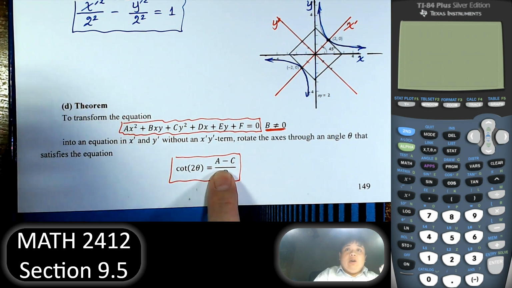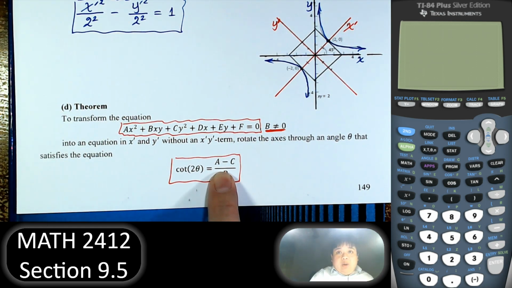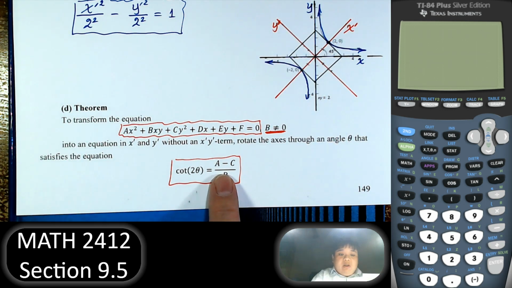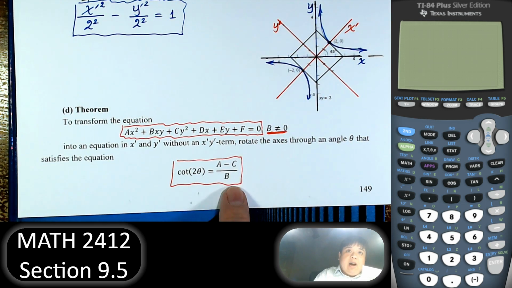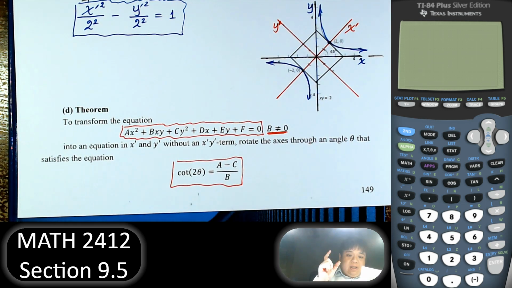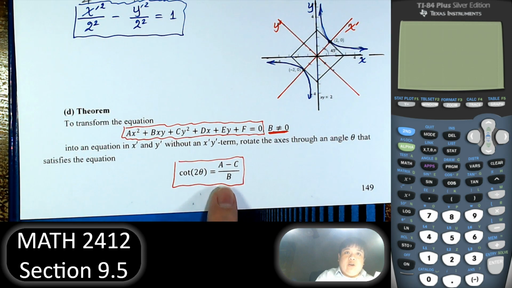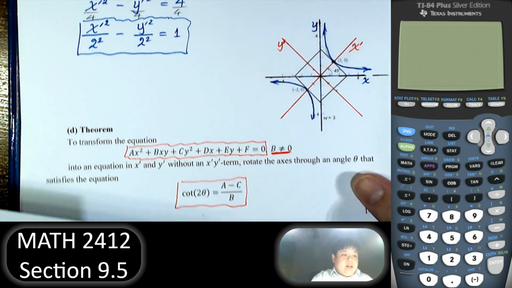If b equals 0, dividing by 0 is undefined, so cotangent of 2 theta is undefined, which happens when the angle is 0. So in that case, there is no rotation. With that, we can calculate the angle of rotation. So let's do that.